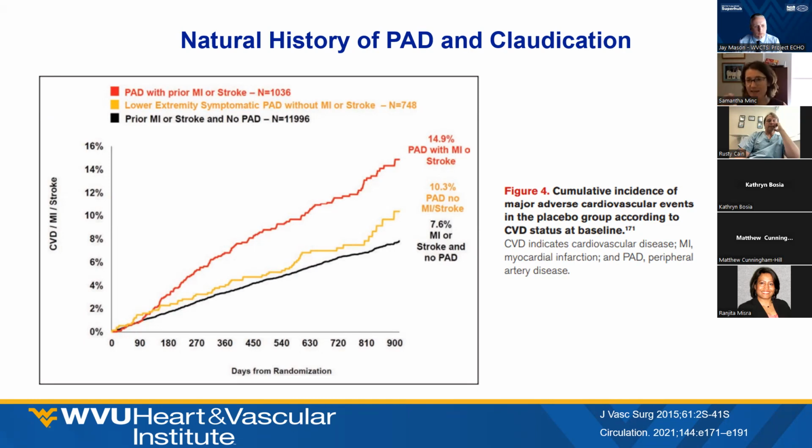And the patients with PAD had more of a risk of having a heart attack or stroke within that 2.5 years than the patients that did not have PAD. So you show up in the study with a history of heart attack or stroke, you're still less likely to have another event than someone that shows up with PAD without that history. So basically the point is that this is a marker for severe disease that's gone unchecked throughout the entire body.